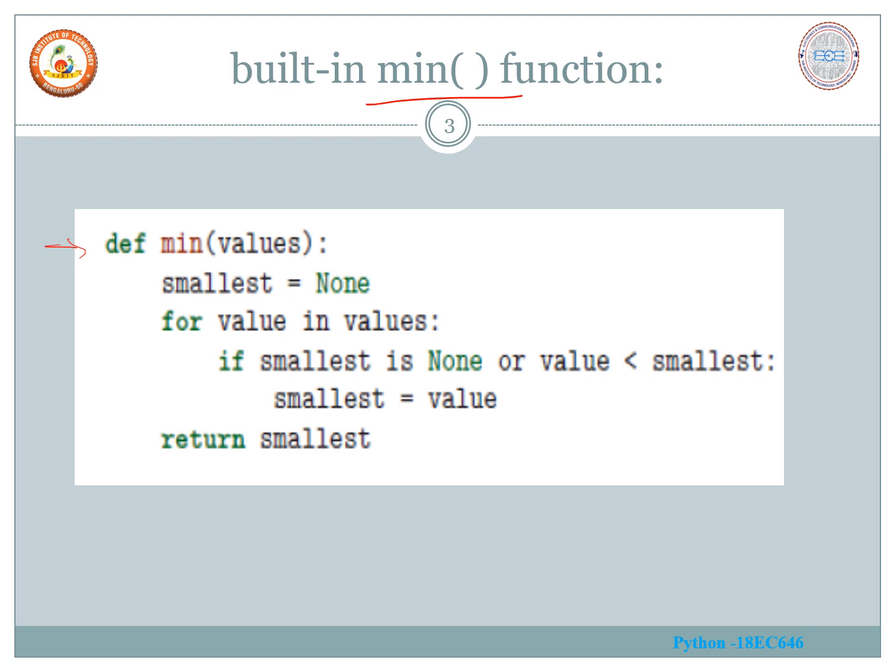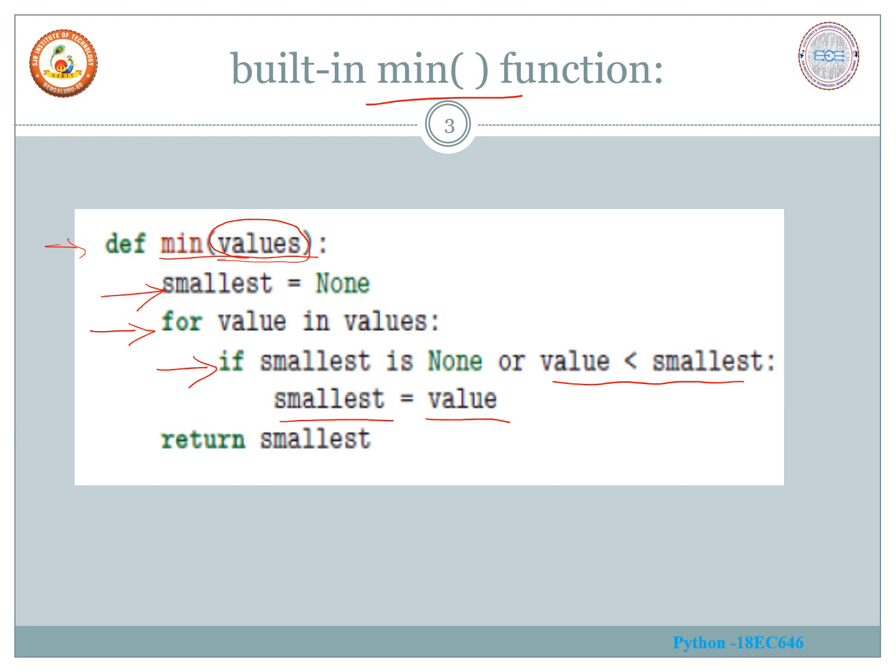Say for example, min values, you are defining the function. The values are the values entered by the user, and we define a variable for value in values. If the value is None or the value is less than the smallest, you take the smallest value as nothing but the iteration value, that is value.